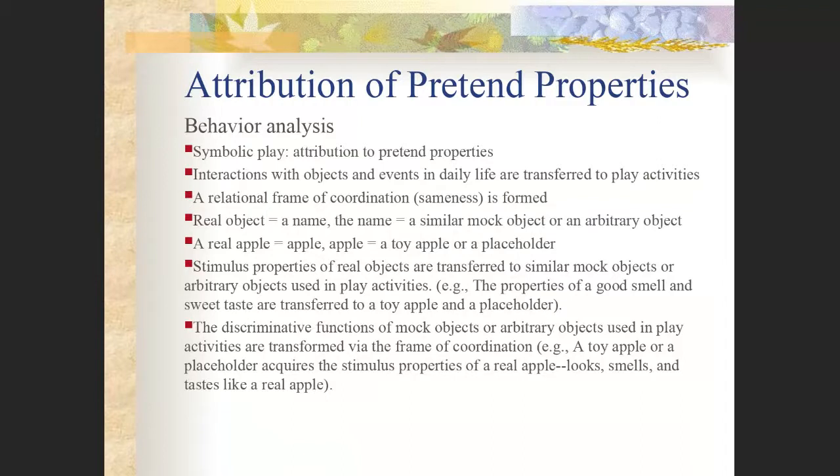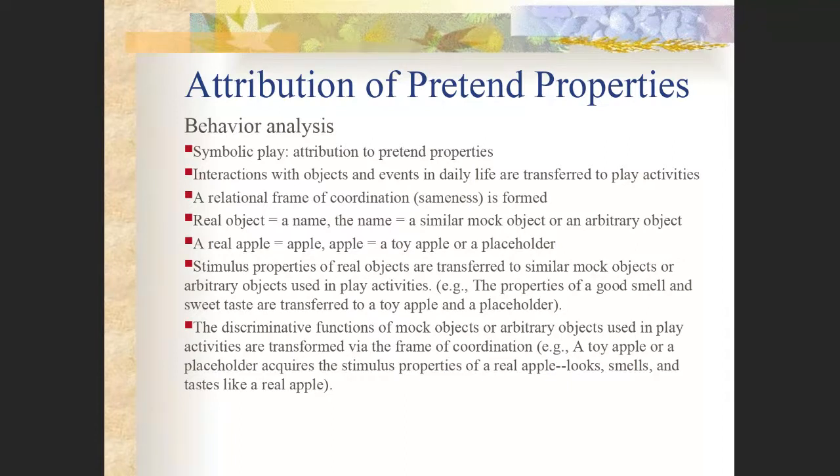In attribution of pretend properties, in this kind of symbolic play behavior, of course, the interactions with objects and events in daily life are transferred to play activities, right? This is what happens in children's play activities. And then we're using a relational frame of coordination. They have to form a frame of coordination: real object equals a name.